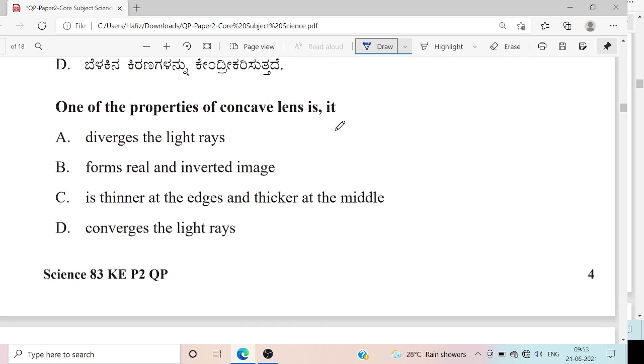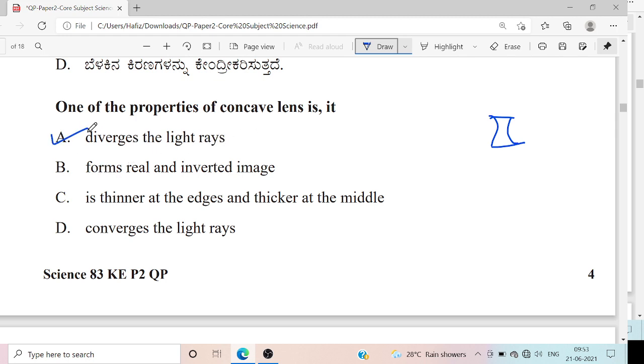Now the next question is from the chapter light, reflection and refraction. One of the properties of concave lens. Concave lens, you know that it is this way: thick at the edges, thin at the center. It diverges the rays of light. Now see here, diverges the rays of light. Yes, it is the answer.